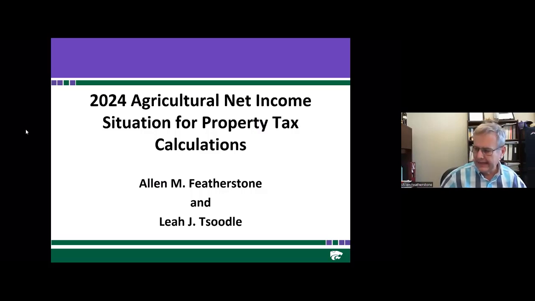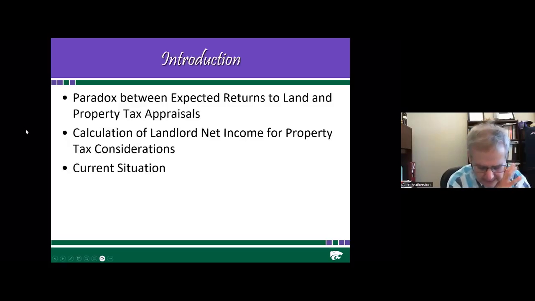What I want to do today is cover this in terms of three topics. One is kind of a paradox between the expected returns to land and property tax appraisals. Certainly that paradox is land moving up and property tax values moving down. What is causing that?